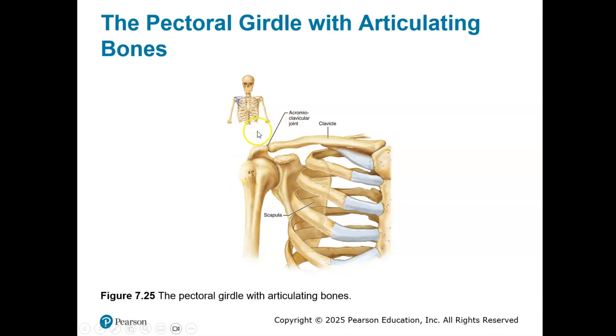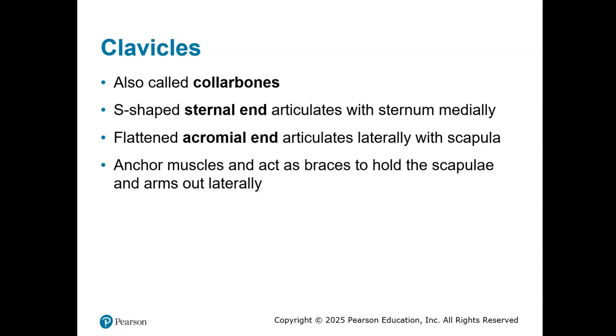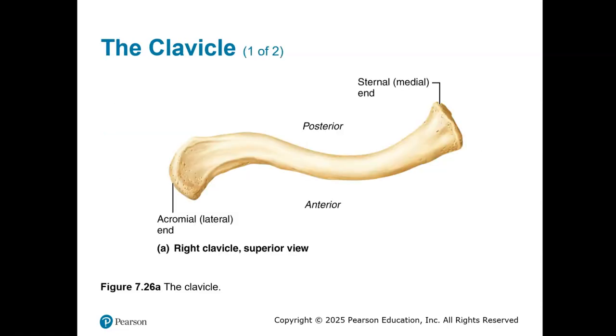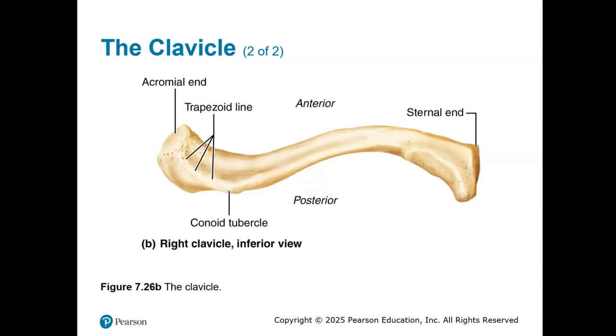So the pectoral girdle is going to be associated with the shoulder joint, and it does allow greater mobility than the hip joint, but does not have as much stability as the hip joint. It's not as stable.